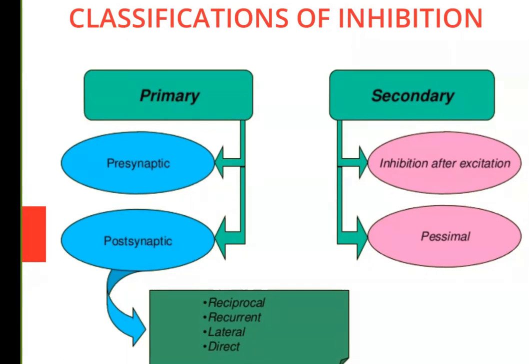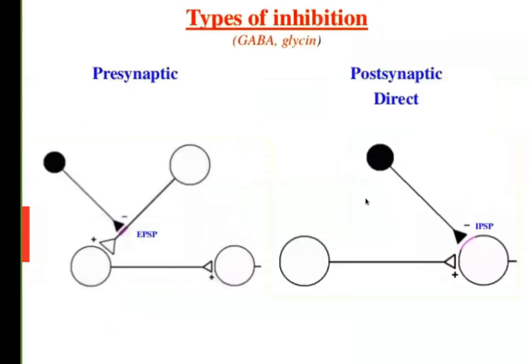And this type of inhibition without specific structures is named secondary inhibition. Now we will talk about primary inhibition, and for better understanding you may see scans for this primary inhibition.